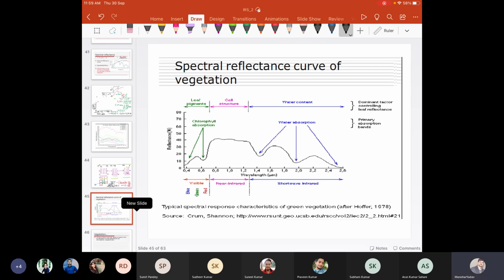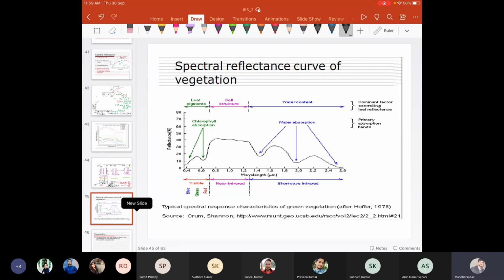And as I said before, why do we see variable reflectance with respect to wavelength? The reason is that it's due to the internal composition, the molecular combination of the object. When we talk about vegetation, and if we analyze its biological property, if you consider the leaf, then we have leaf pigments, then we have a cell structure, then we have water content in the leaf.